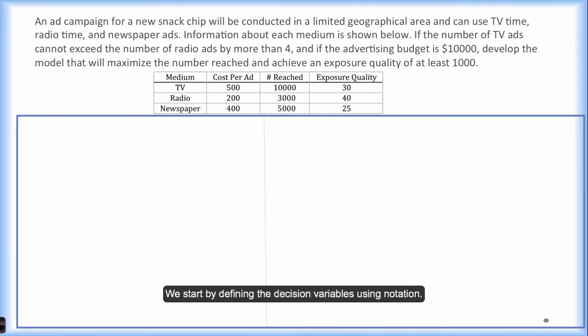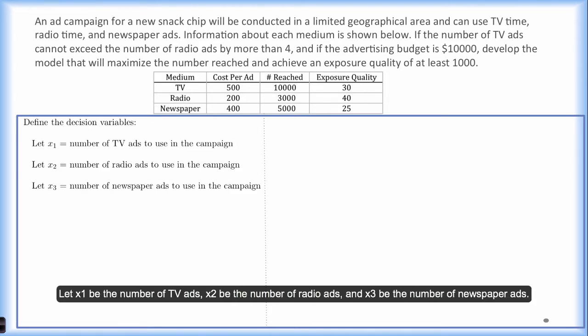We start by defining the decision variables using notation. Let x1 be the number of TV ads, x2 be the number of radio ads, and x3 be the number of newspaper ads. Note that x1, x2, and x3 are just notation for the unknown values of the 3 decision variables.